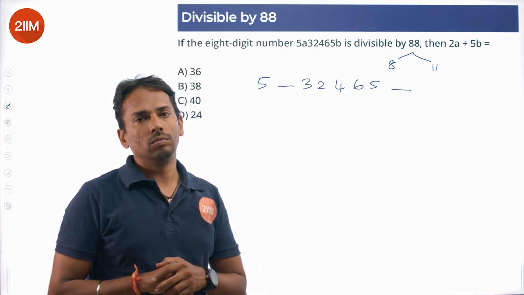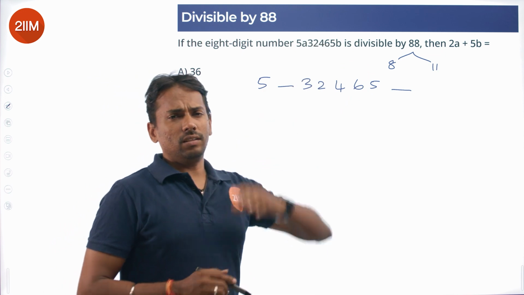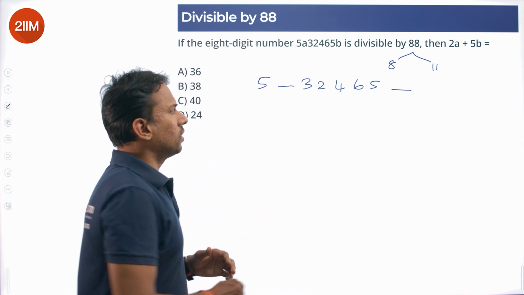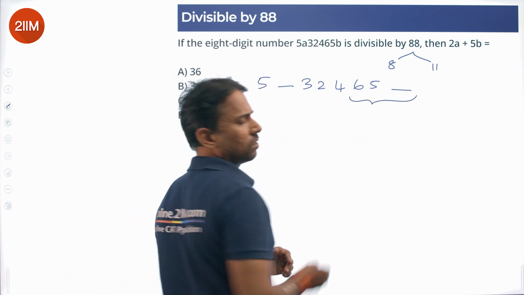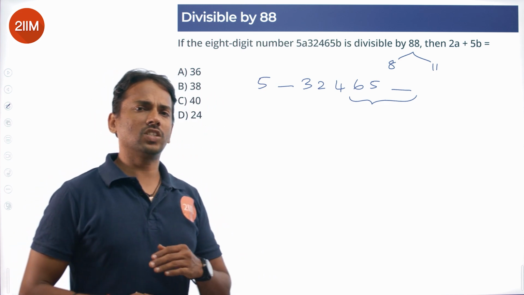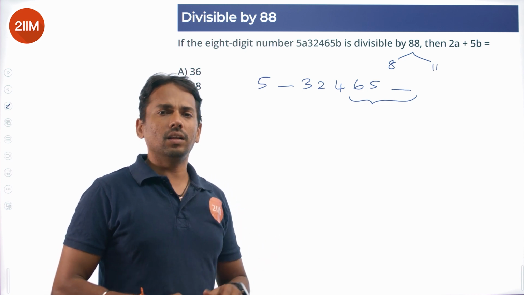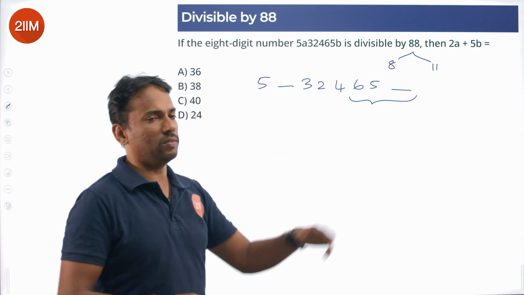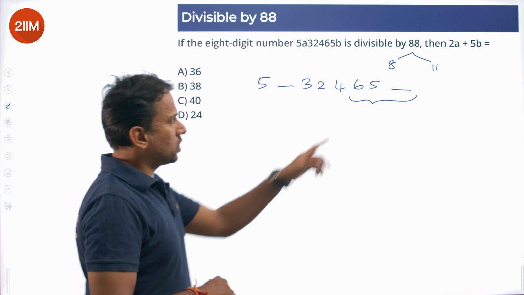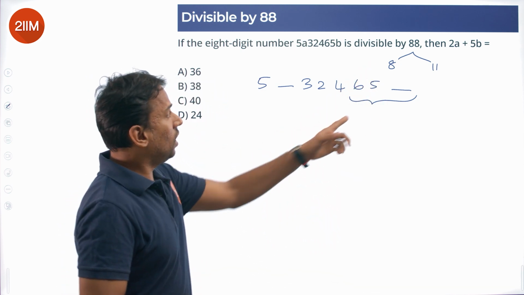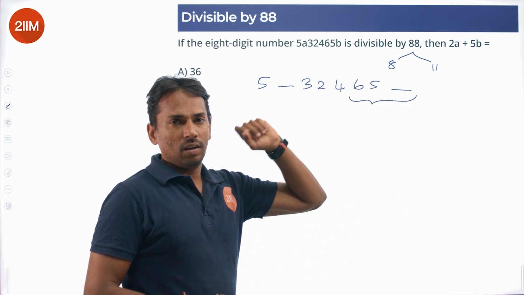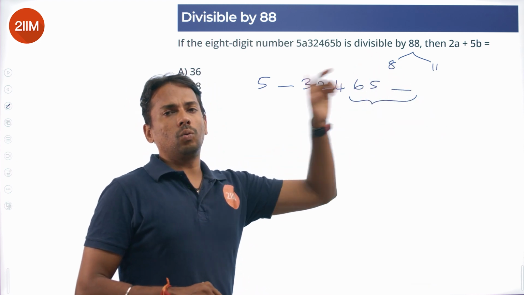We'll quickly recall the test of divisibility of 8: it is the last 3 digits. If that 3-digit number is divisible by 8, then the full number will be divisible by 8. So let's first use that one. Why? Because here we have an unknown digit B. With this property, we can figure out what B is.